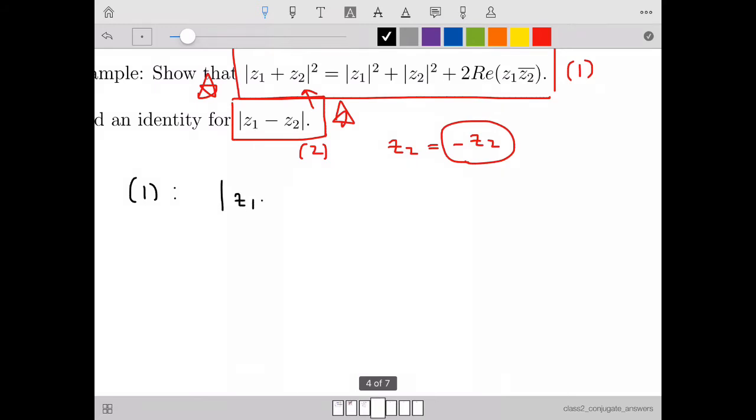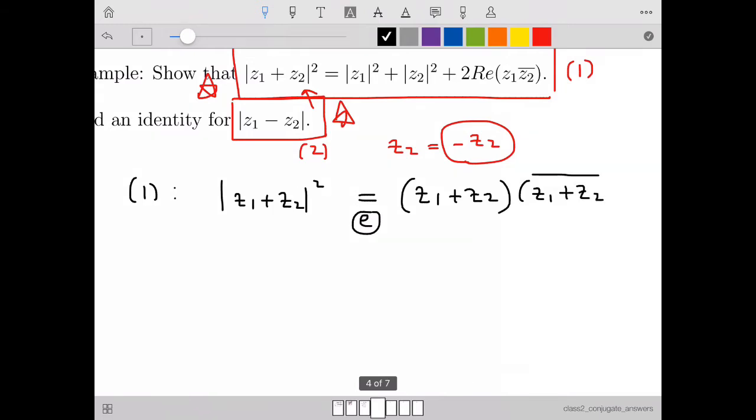So absolute Z1 plus Z2 squared is again by E, Z1 plus Z2 times Z1 plus Z2 bar.